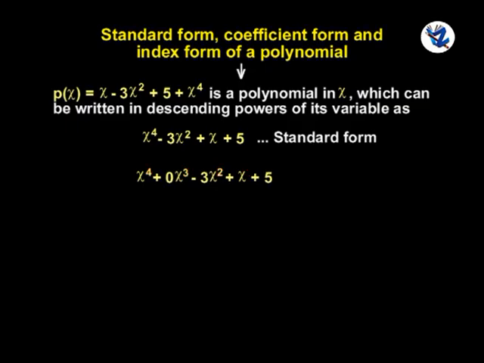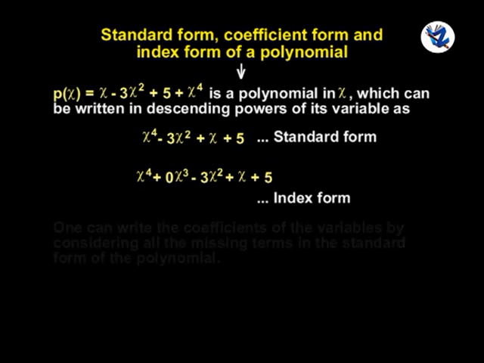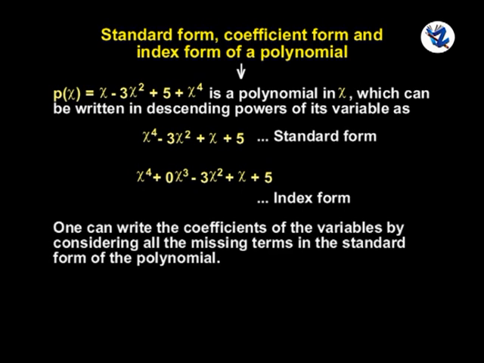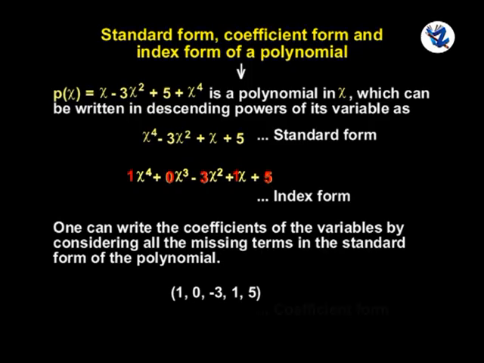And this form of the polynomial is called index form of the polynomial. One can write the coefficients of the variables by considering all the missing terms in the standard form of the polynomial. So 1, 0, minus 3, 1, 5 is the form of polynomial which is known as coefficient form.